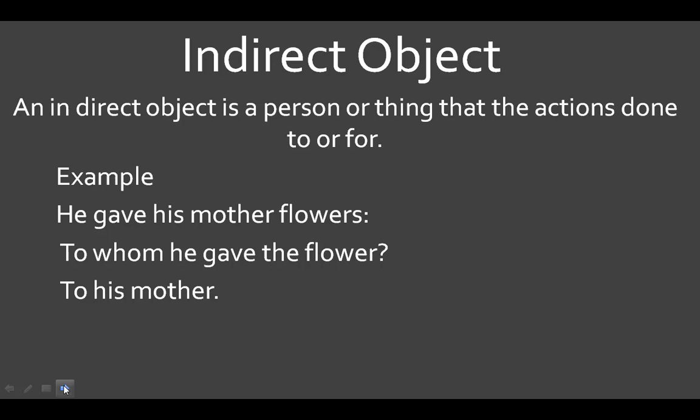An indirect object is a person or thing that the action is done to or for. Let's see the example. He gave his mother a flower. To whom did he give the flower? To his mother.